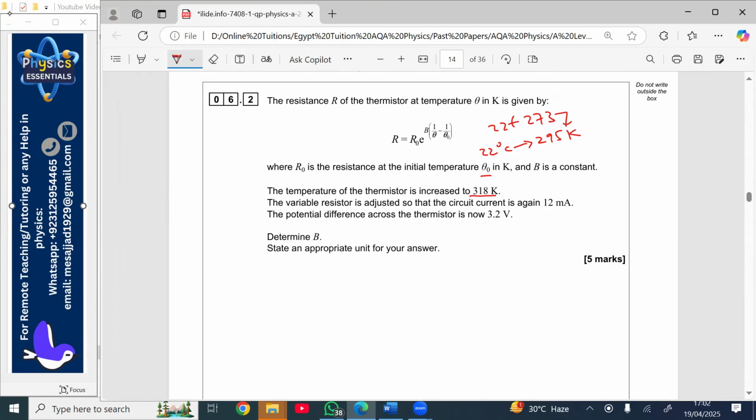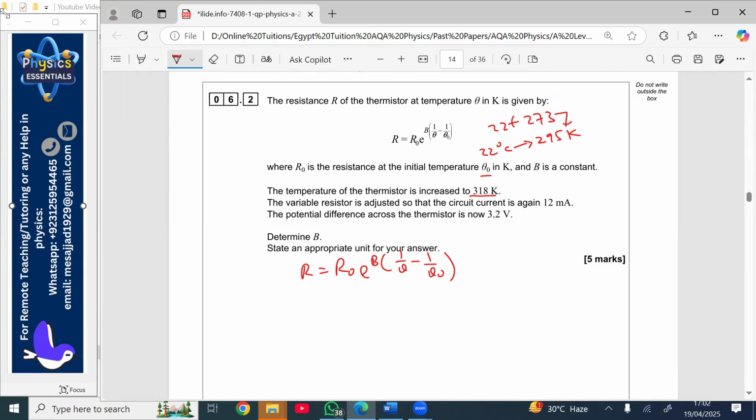So I'm going to write R equals R naught e to the power B times (1 over theta minus 1 over theta naught). That is the formula given in the question.